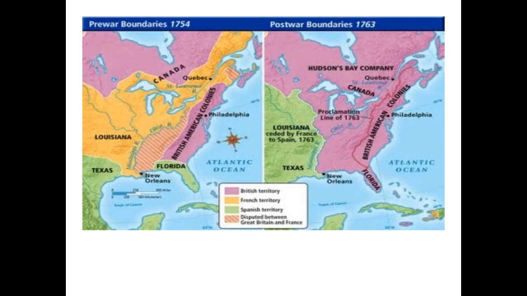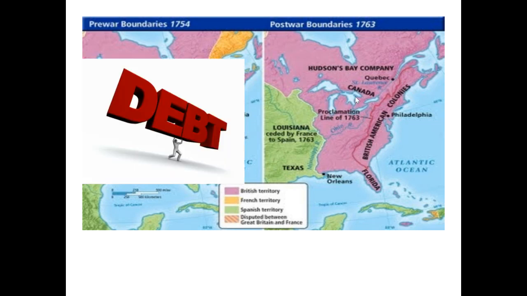One of the major turning points is the French and Indian War. It is part of the Seven Years' War that went on in the rest of the world, which you may have talked about more in European history. This is the continuing battle between the two sides that can't get along, the French and the British, and the French and Indian War is the portion of this conflict that spills over into the American colonies.